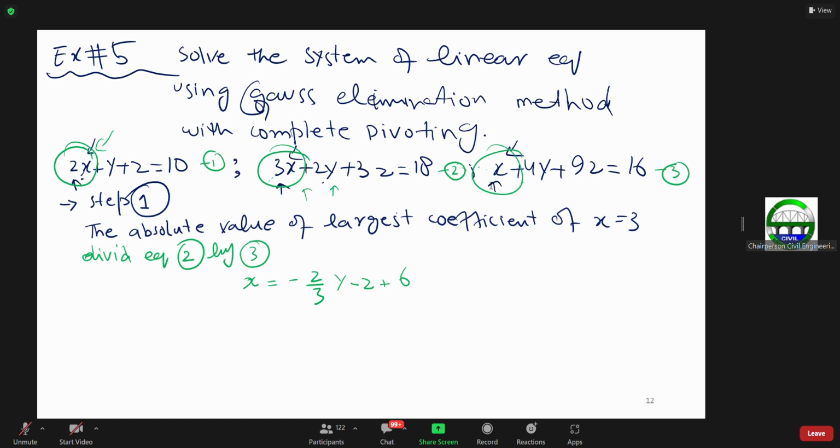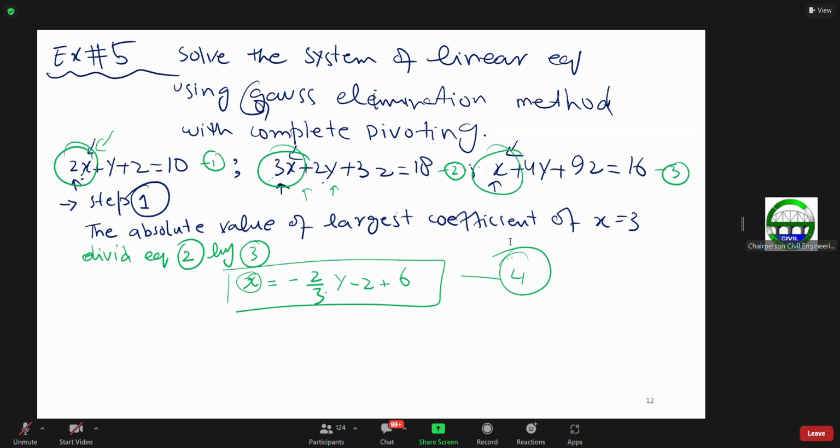You guys know what I did here? I just divided equation 2 by 3, after finding the largest x coefficient. Once you have it, you have equation number 4 here. So from equation number 4, you have the x value.